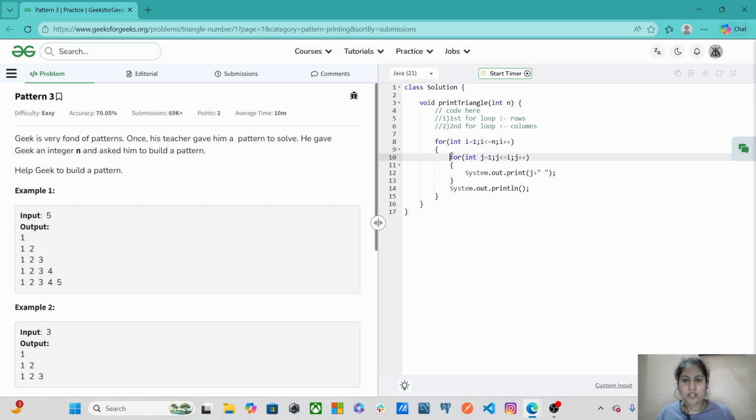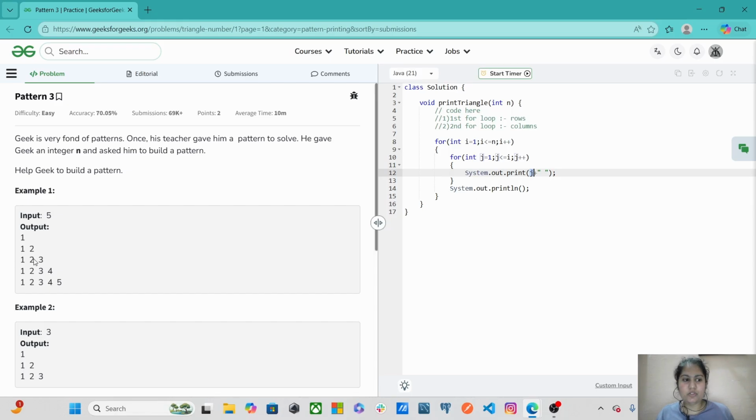For representing columns in a particular row, the second nested loop is there. In the first row there is only one column, so it moves from 1 till i. In the second row there are two columns, so again it moves from 1 to i, that is 1 then 2. And at last I am printing the column number for each row.